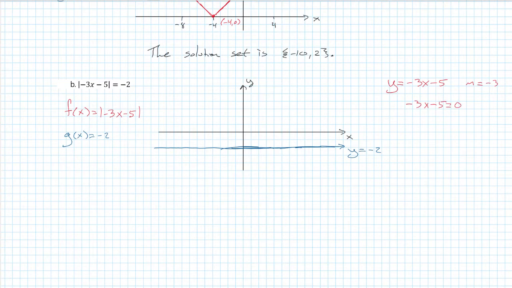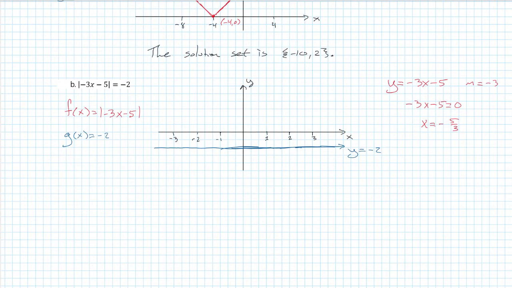To find my x-intercept, I'll add 5, divide by -3 to get x equals -5/3. So actually in my x direction, let's go by 1/3 each. So here's 1 after 3 grid lines, then 2 after 6, 3 after 9, and then backwards, -1 after 3, -2 after 6, -3 after 9.